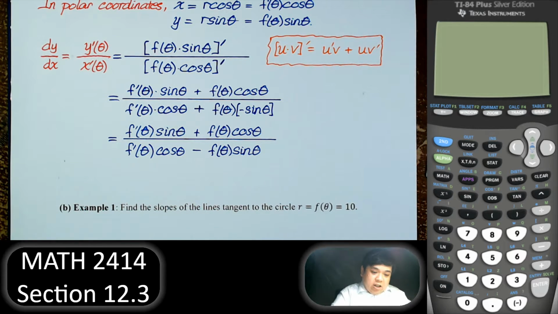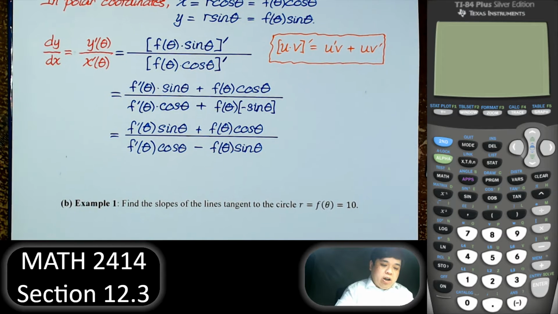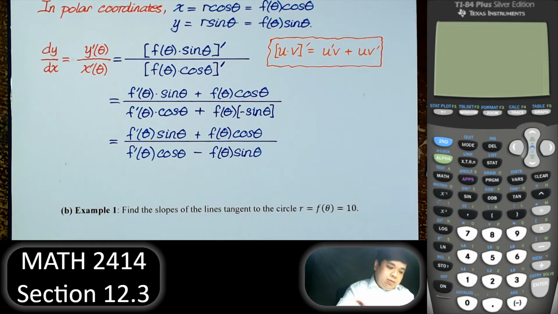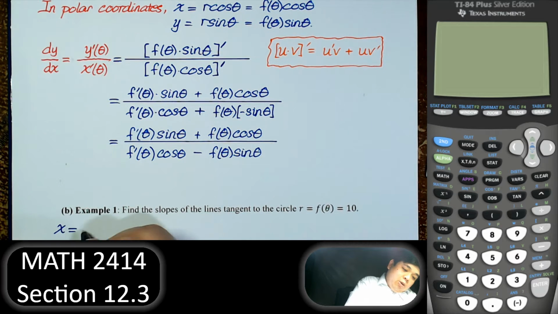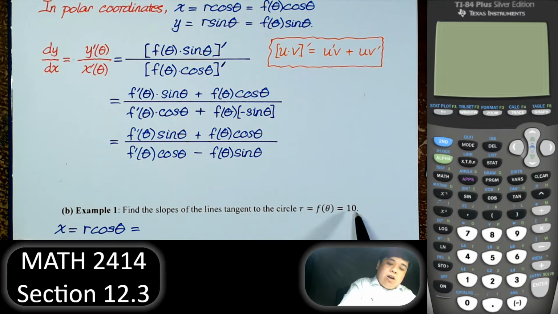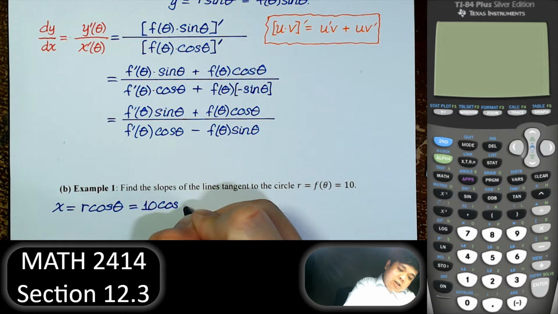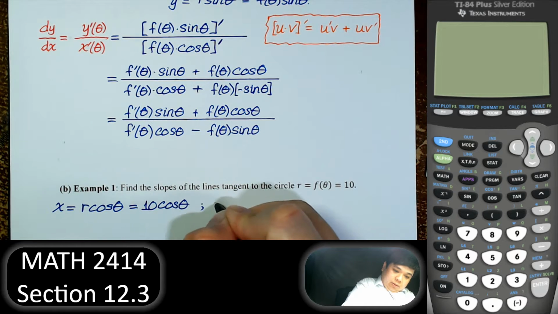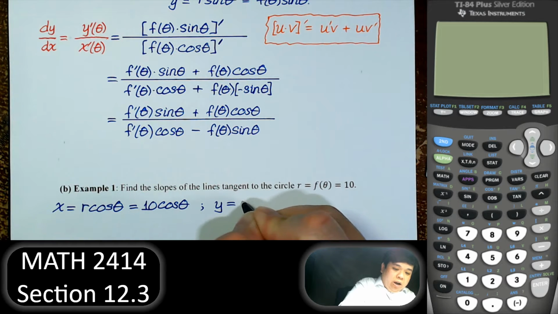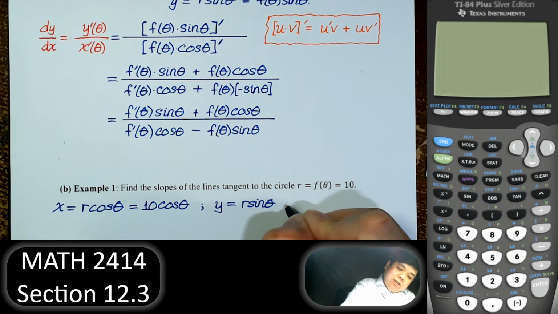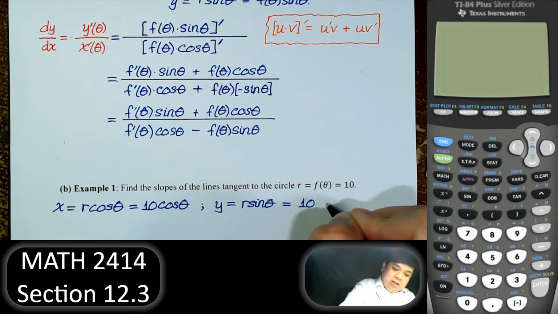Find the slope of the tangent line to the circle. So just write down what is x and what is y. x is equal to r cosine theta. r is 10, so we have 10 cosine theta. y is r sine theta, which is 10 sine theta.